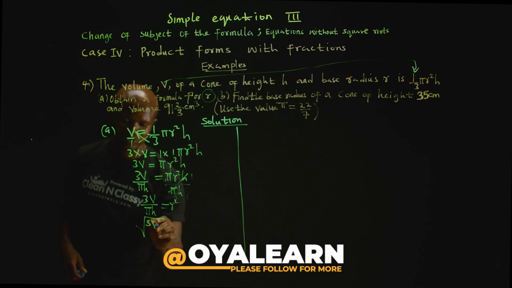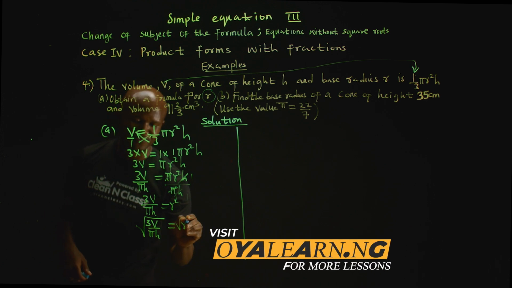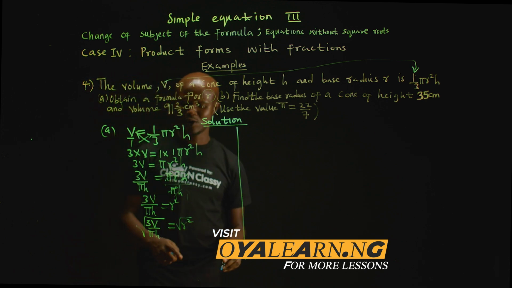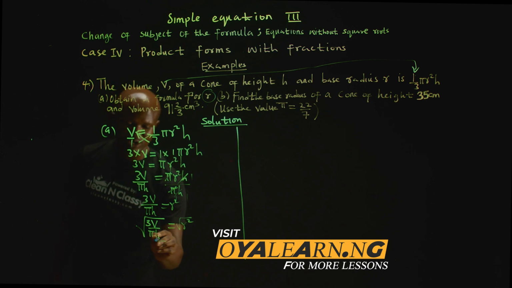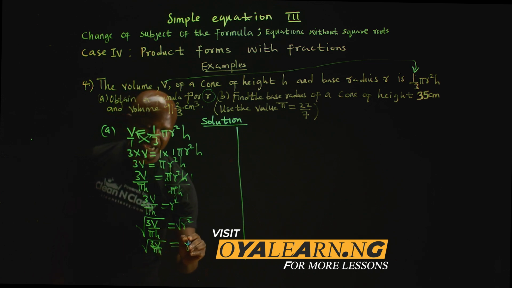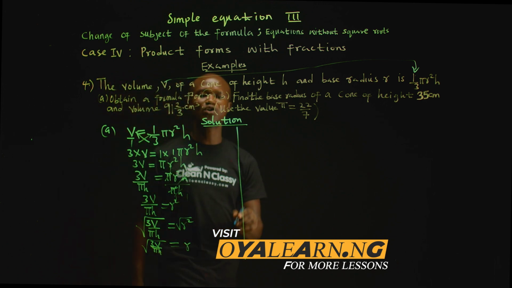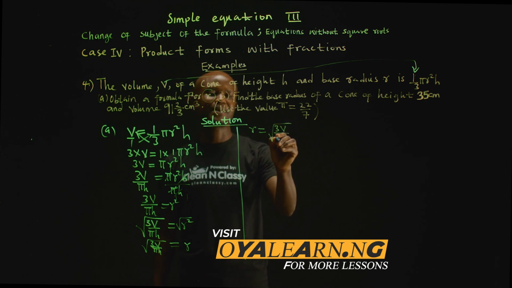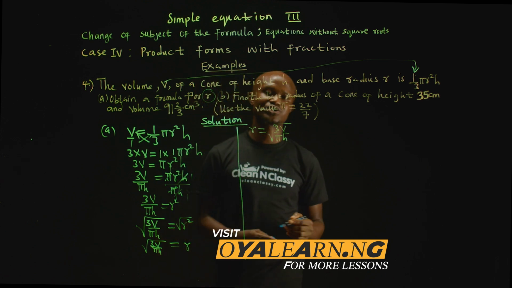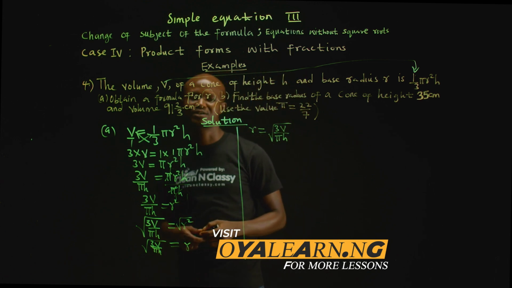We have square root of 3V divided by pi h equals square root of r squared. The square root of r squared is r. So we can conclude that r equals square root of 3V divided by pi h. That is the solution to the first part of the problem.